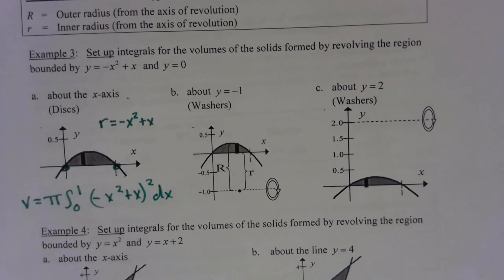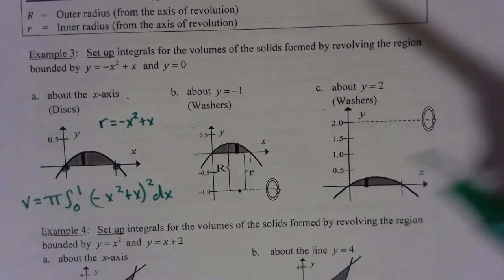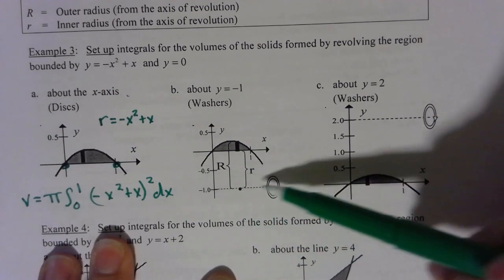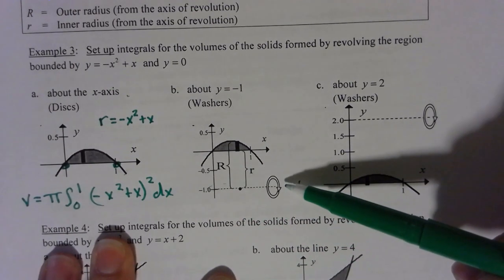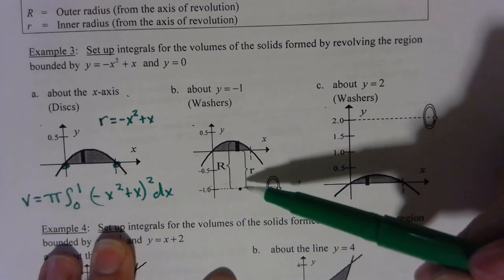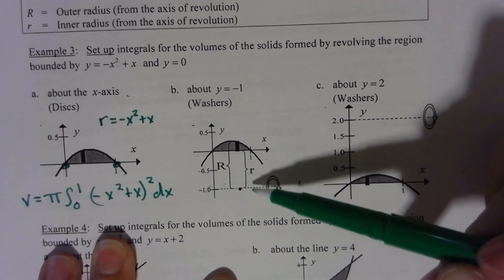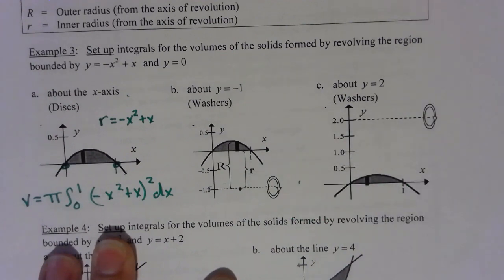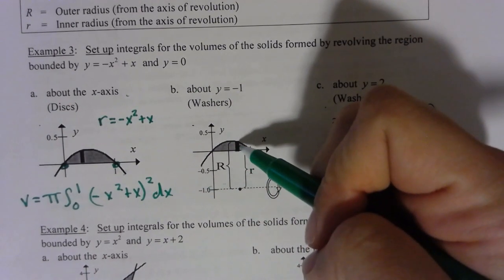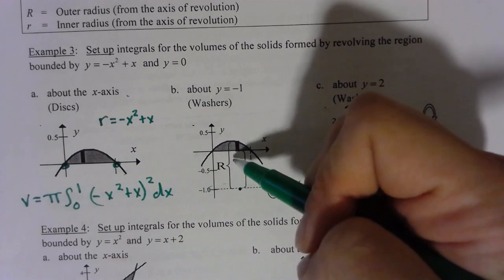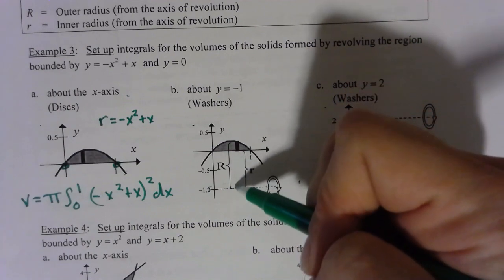Now B, we're going to revolve it around y equals negative 1. So imagine when we revolve around this horizontal line here, we have this huge hole in the middle. Okay, so this little r is going to form that hole. Now, the other thing we have to do here is this is our area under our curve, but we're adding this whole set right here.